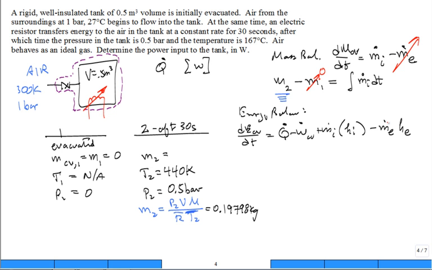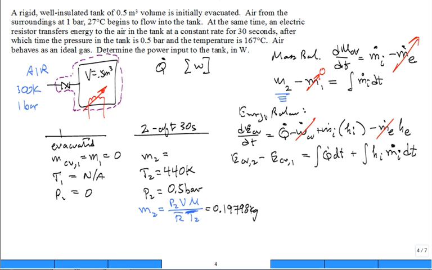Well, there's nothing exiting, no shaft work. So we separate and integrate. We get that the energy in the control volume at state 2, the final state, minus the energy in the control volume at state 1, is equal to the integral of Q dot dt plus the integral of the enthalpy times the mass flow rate of mass coming in dt.